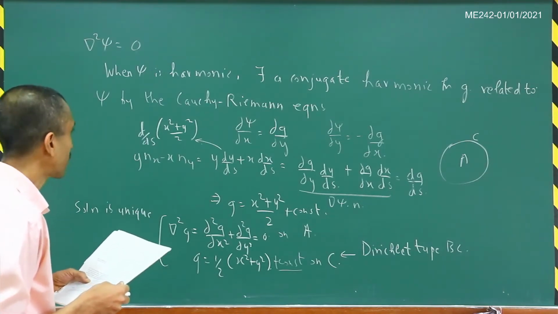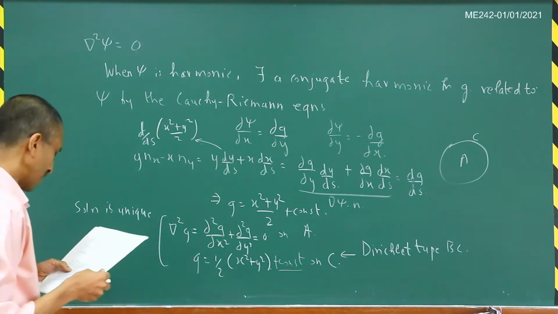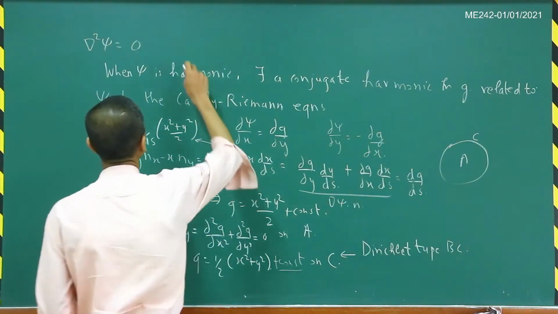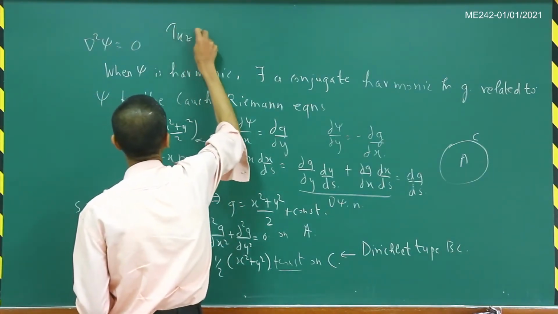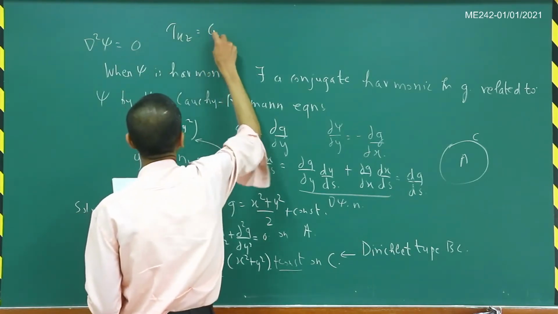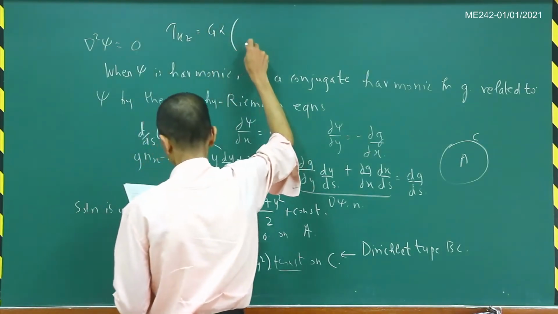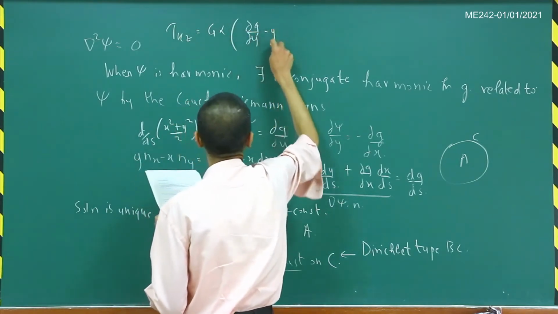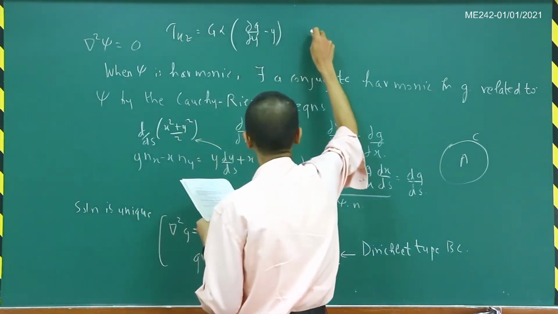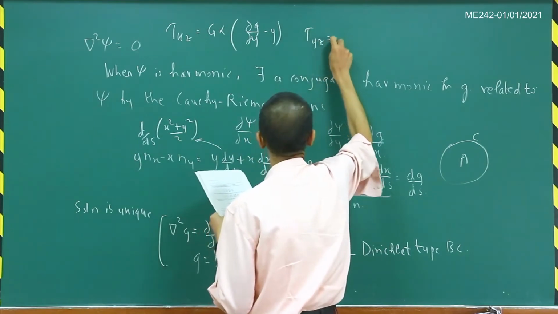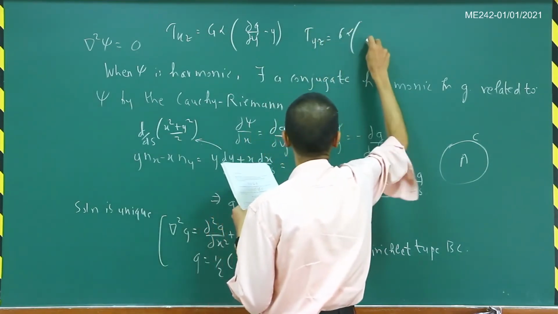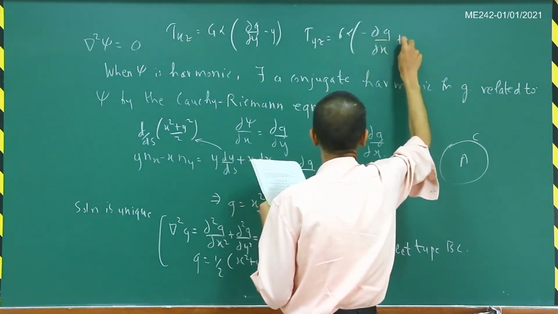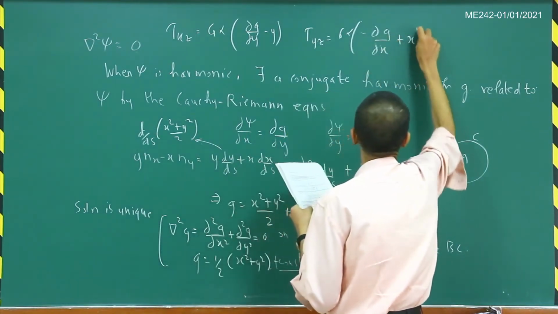Then the expressions for the stresses in terms of this function g are given by tau xz. Now tau xz is equal to G alpha times del g by del y minus y, and tau yz is equal to G alpha times minus del g by del x plus x.